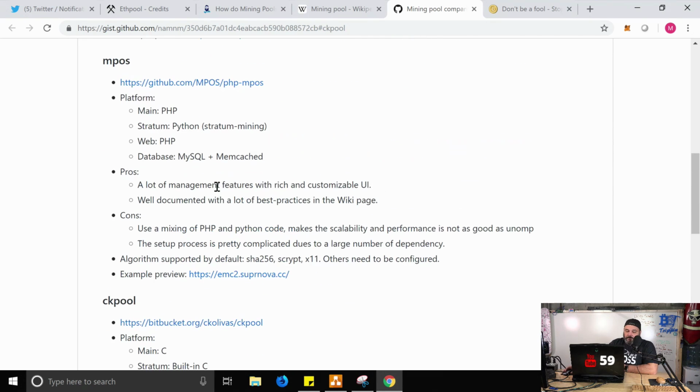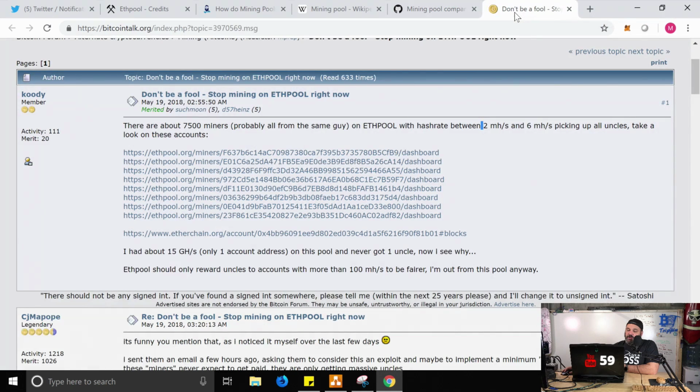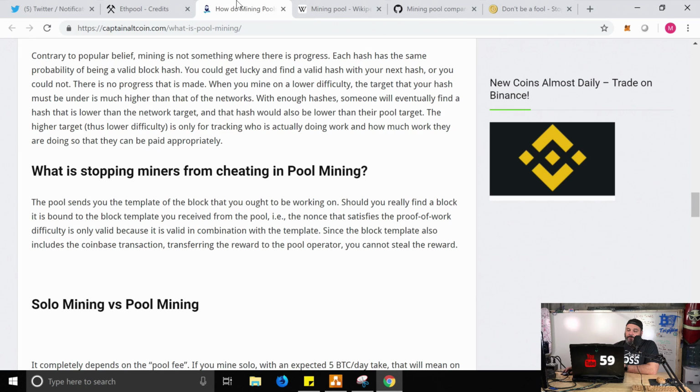But you could take this and try to solo mine yourself, right? You set the business rules, and that's where you also get a lot of potential issues with people trying to game the mining, where they're doing selfish mining and such.